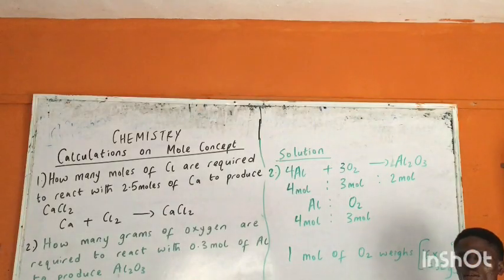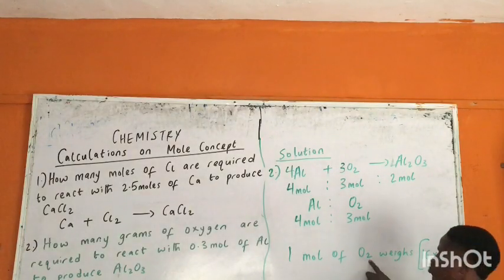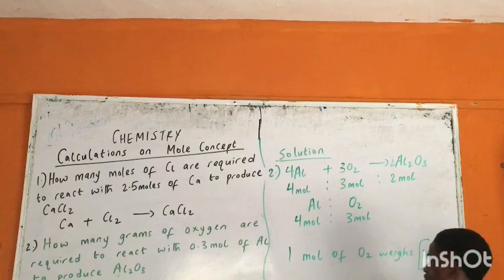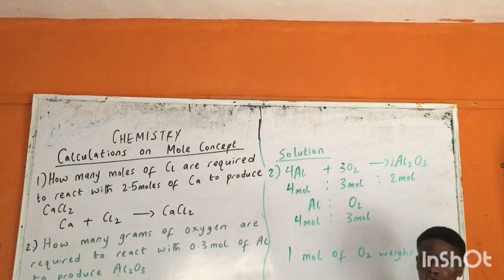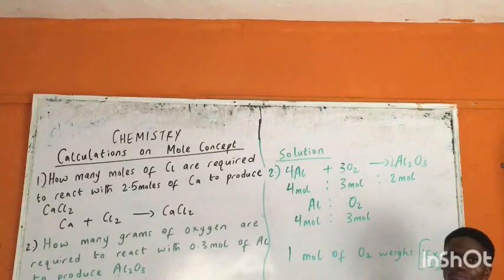Now, 1 mole of oxygen weighs what? What is the mass of oxygen? 16. But how many oxygen do we have here? We have 2 oxygen here. That will be 16 times 2, which is what? 32 grams.